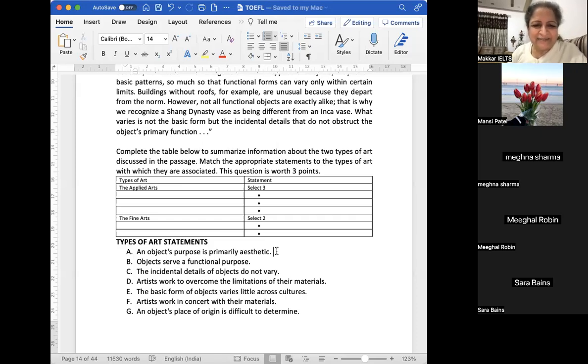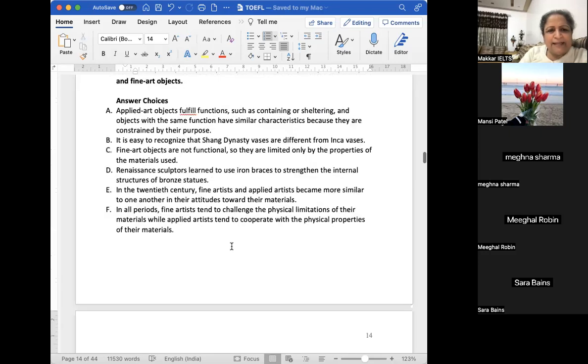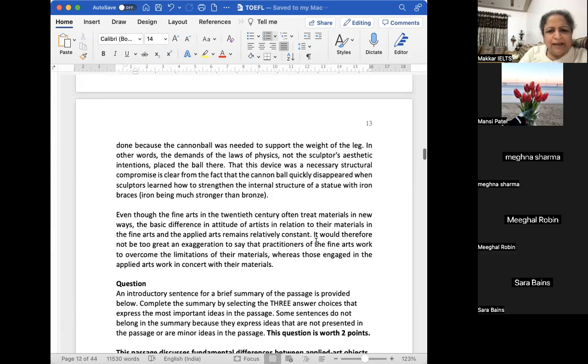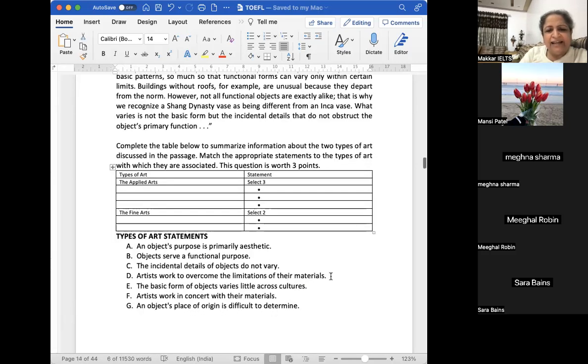Applied के fine arts. यहाँ पे पढ़ो. जो पैसेज पहले पूरा पैसेज आएगा ना, यहाँ पे है. It would therefore be not too great an exaggeration to say that practitioner of fine art work to overcome the limitations of their materials. तो ये किसके लिए जाएगा? Fine arts. Fine arts के लिए.